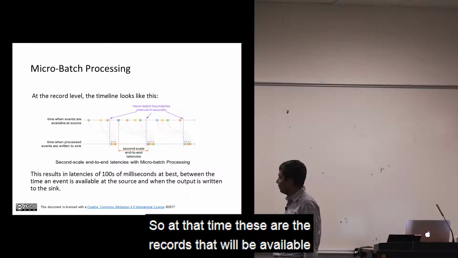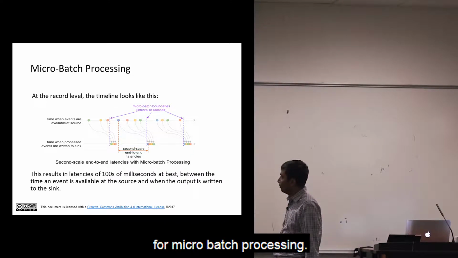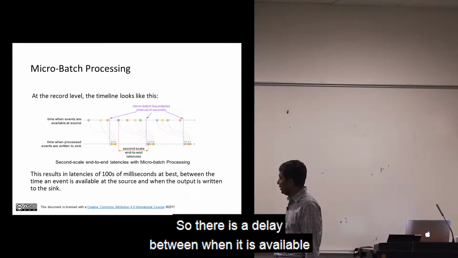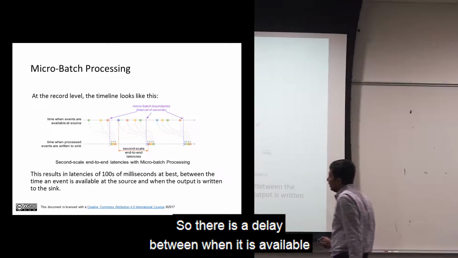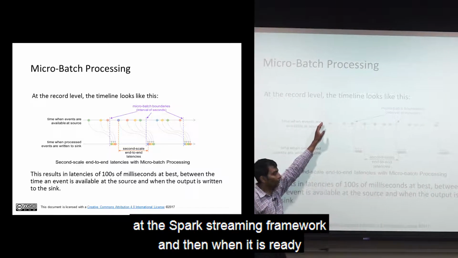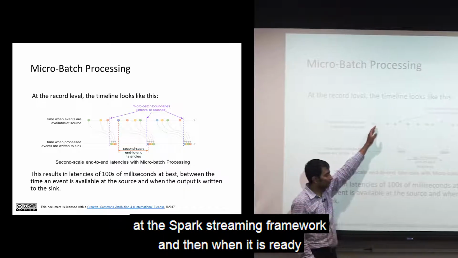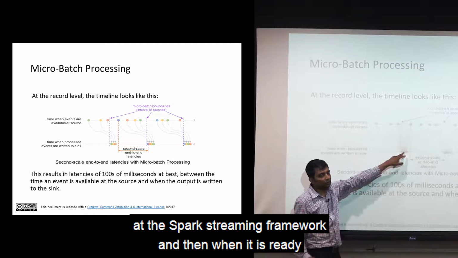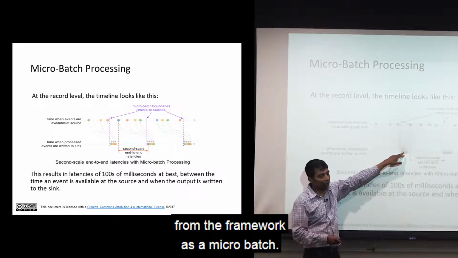At that time, these records will be available for micro batch processing. So there is a delay between when the data is available at the Spark streaming framework and when it is ready from the framework as a micro batch.